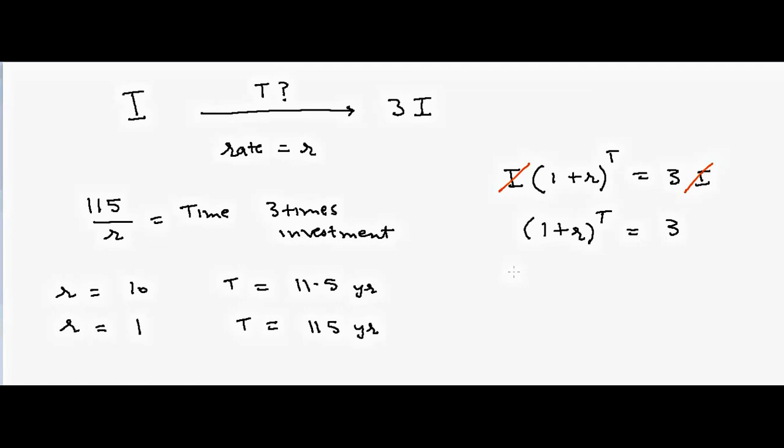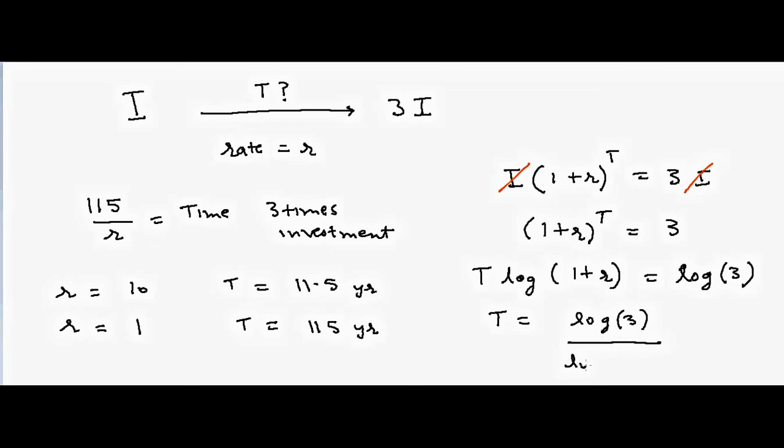If we solve this equation, we can take log on both sides. So t times log of (1 plus R) is equal to log of 3. So t is equal to log of 3 divided by log of (1 plus R).